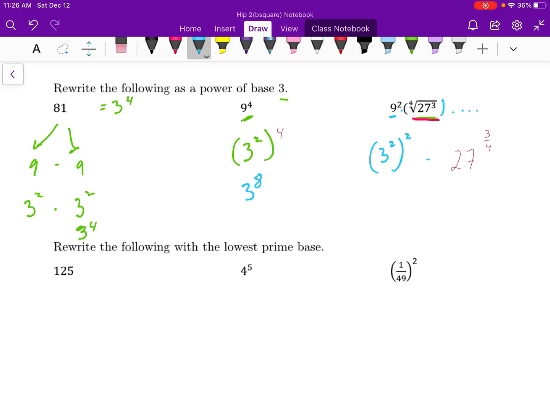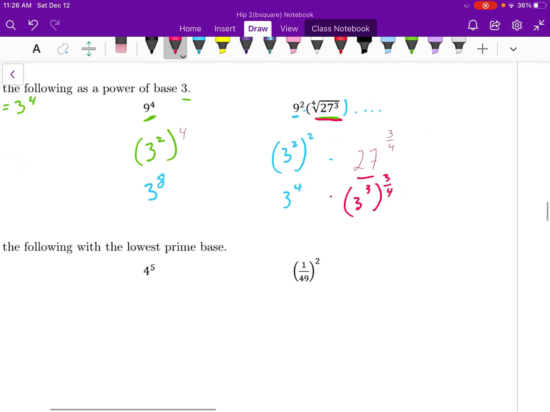So now 3 squared is going to be 3 to the power of 4. Using the power of a power rule, you multiply the exponents. Now, the pink part here, I'm going to change 27 in base 3. So this would be 3 to the power of 3 to the power of 3/4.